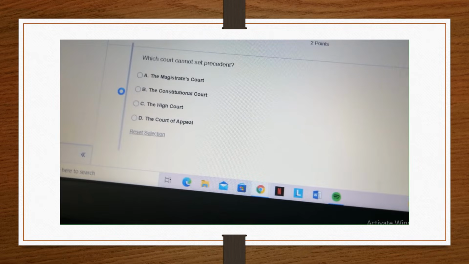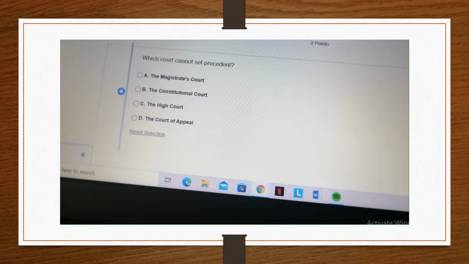Which court cannot set precedent? The magistrate court cannot bind or make decisions for higher courts, you know, the hierarchy of courts. So this is the hierarchy of courts that I was talking about. Like the high court cannot be bound by a decision which was made in the magistrate court, or the court of appeal or the constitutional court.